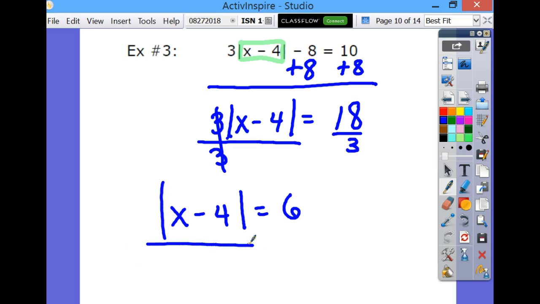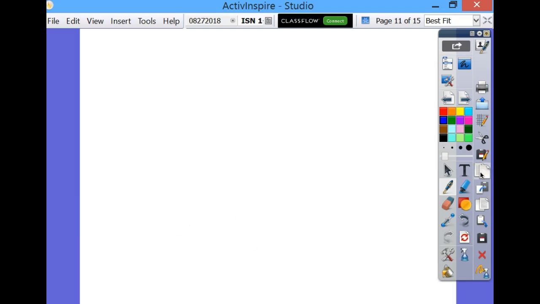This is isolated. It's on the left-hand side of the equation by itself without anything added or subtracted to it. And so now we are going to make a case 1 and a case 2.